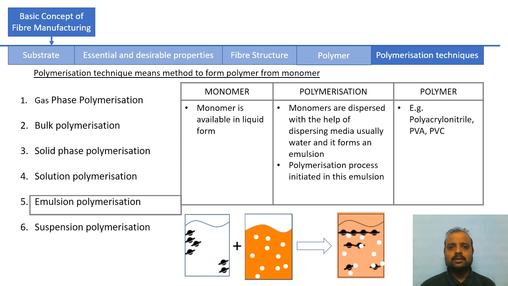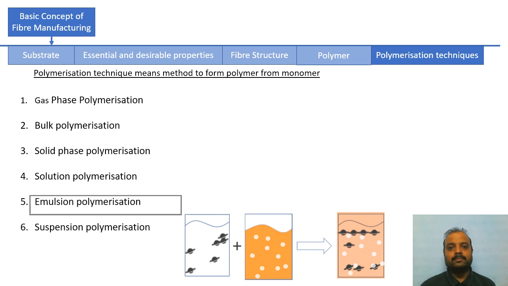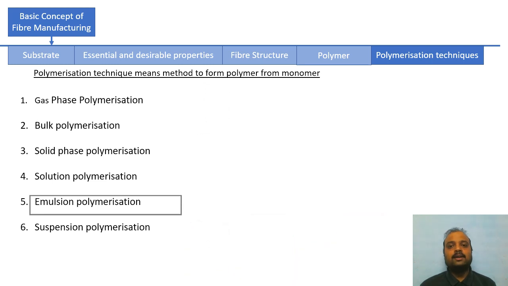In that emulsion, an initiator, emulsifier, and additives are added. These are the supporting chemicals that help in starting the polymerization process. The polymerization reaction starts and monomers are joined together, polymeric chains start to form, and monomer emulsion is now converted into a polymeric emulsion.